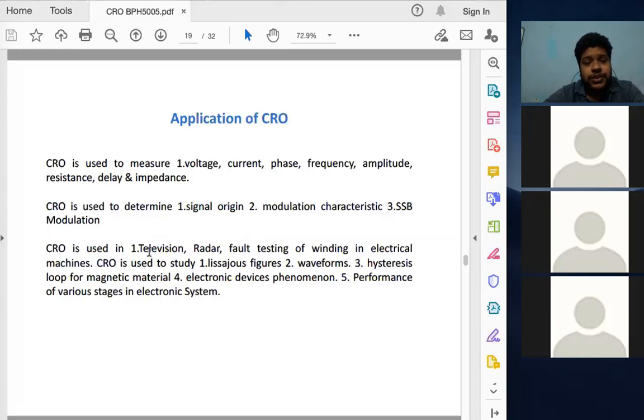CRO is used in television, radar, fault testing of winding in electrical machines. CRO is used to study lithography figures, waveforms, hysteresis loop for magnetic materials, electronic device phenomena, performance of various states in electronic systems. So it is like a list of different applications of CRO.